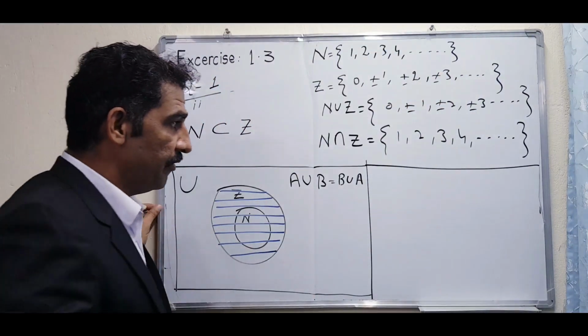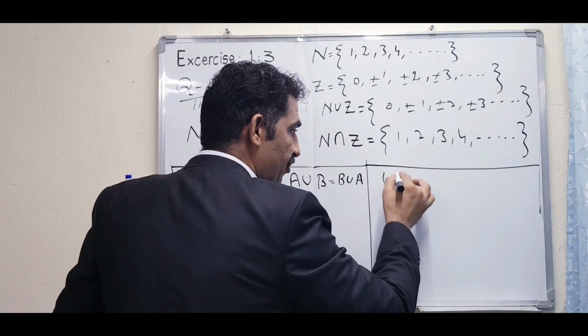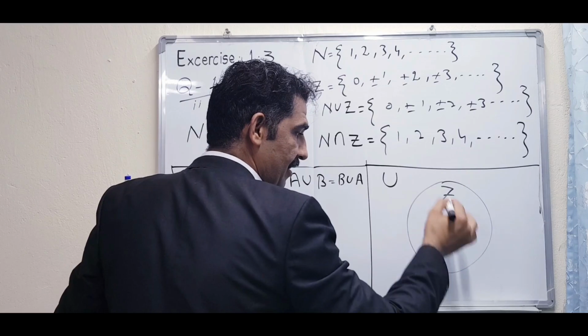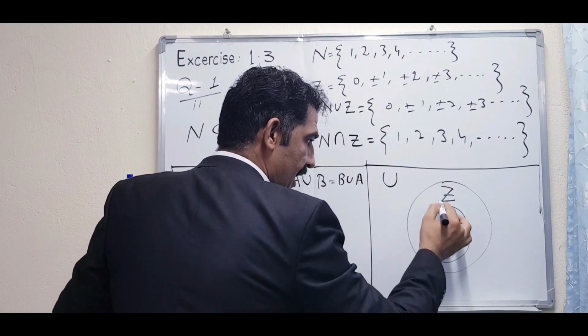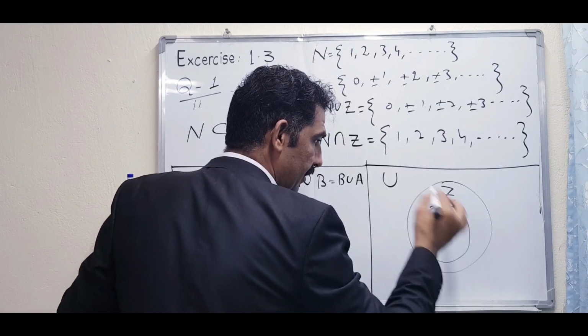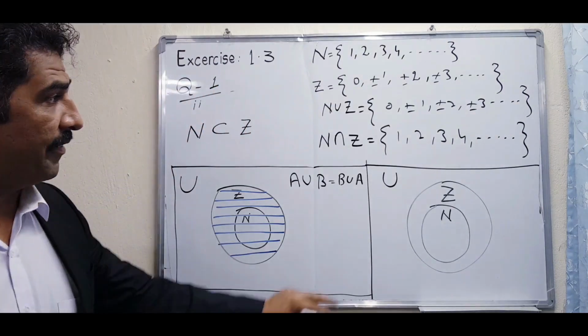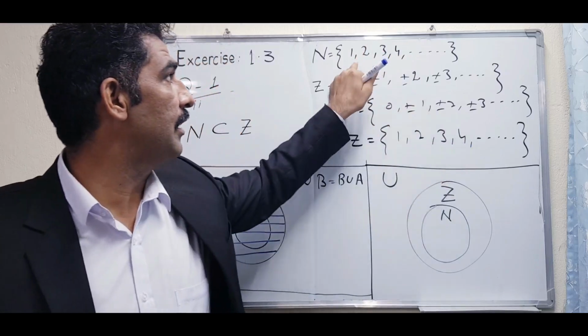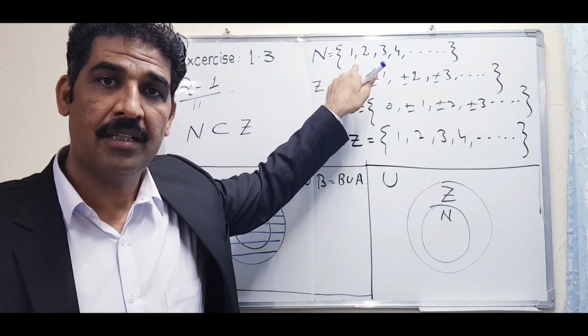Right? For the diagram, first we write the universal set, the bigger set, the superset, and its subset. So what is our answer? Our answer is 1, 2, 3, 4, and where are 1, 2, 3, 4 available? In the set of natural numbers. Right?